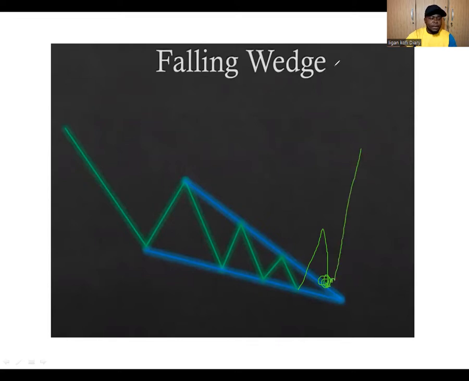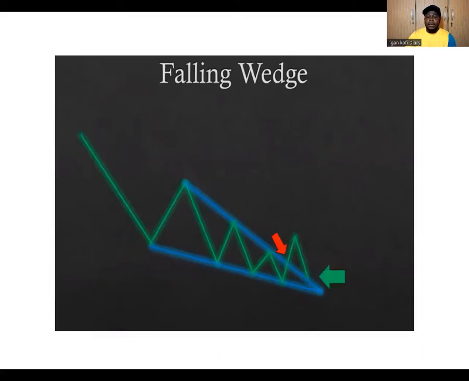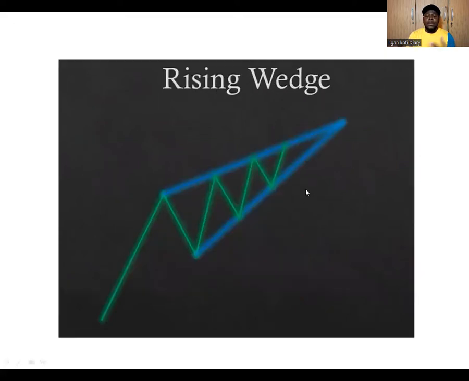Is that okay? So the same thing with the rising wedge. This one is a falling wedge, just as I have demonstrated. So you wait for the break and then retest of this neck here, then you can take your buy. All right. Now we also have the rising wedge. The rising wedge means that the buyers are losing their power or their strength.